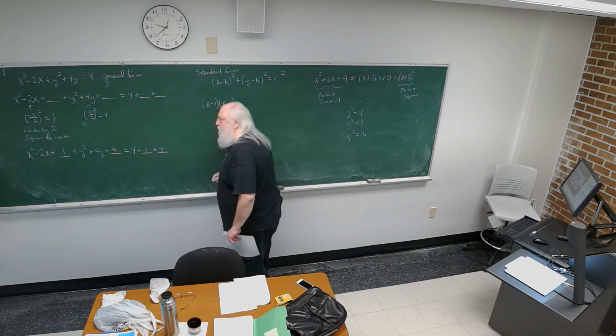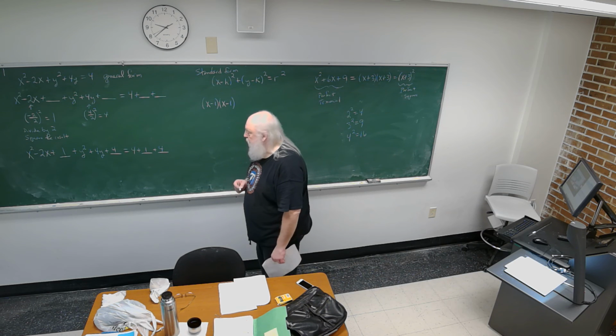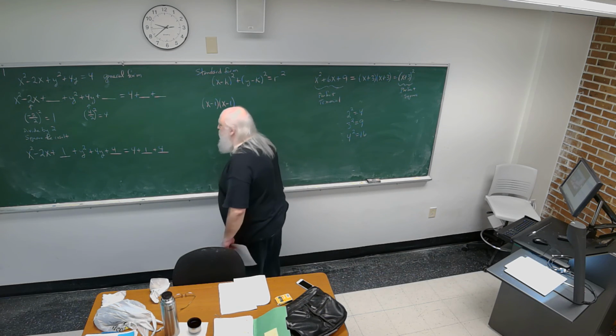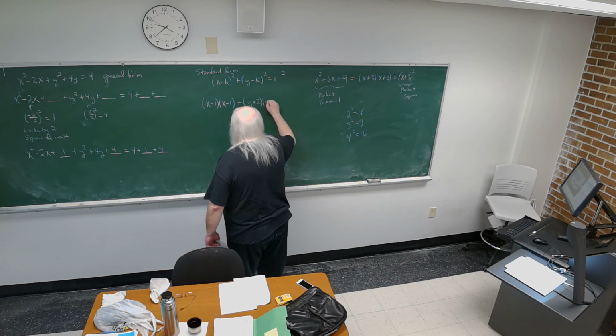With time, you just know this is x minus 1 squared. And y squared plus 4y plus 4 factors into y plus 2 times y plus 2.